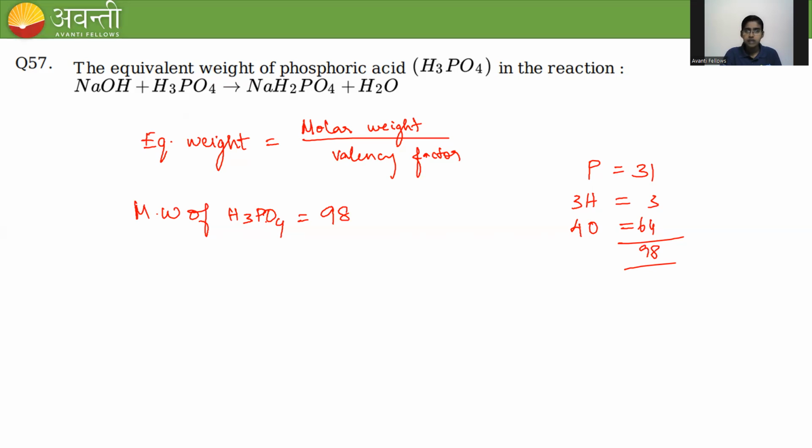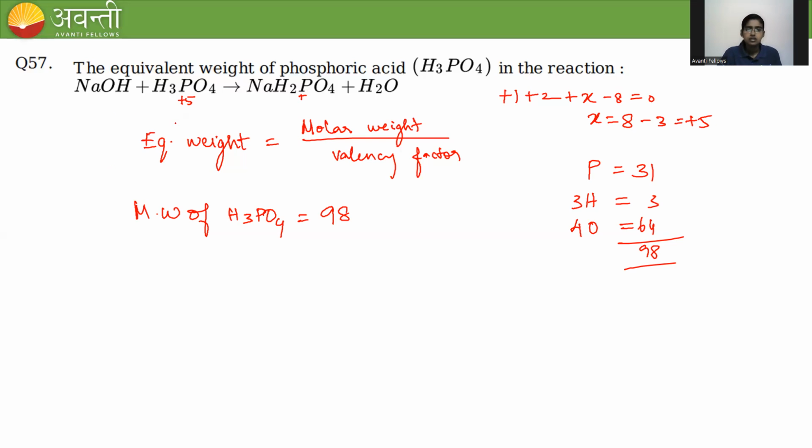And now the change in valency, if you see, the oxidation state of phosphorus in H3PO4 is +5. And here it is +5. Here also it is +5. So just give me a second. It is sodium, so +1. For hydrogen also it is +1, so 2 plus X minus 8, right? So X is equal to 8 minus 3, which is going to be +5 again.